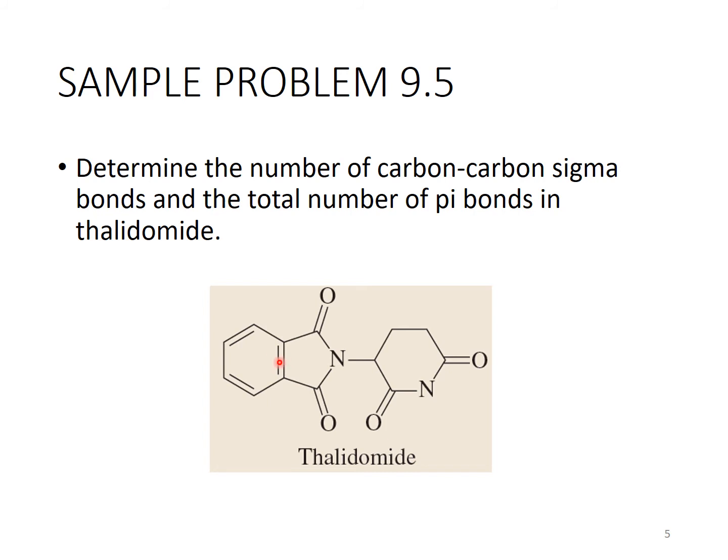It doesn't matter which one, it's arbitrary, but you have a sigma bond and a pi bond. Here is a sigma bond and a pi bond, sigma bond, pi bond. Okay, so this is how we would count up the number of sigma bonds and pi bonds in a particular molecule. Again, there's a bunch of other sigma bonds here, like a sigma bond between this carbon and nitrogen that we didn't count, for example.